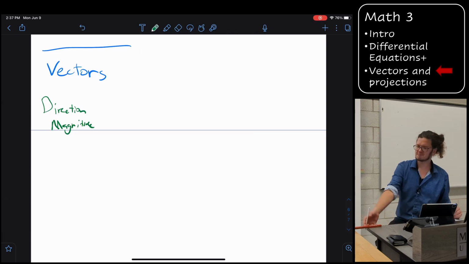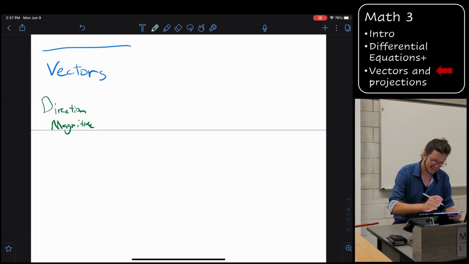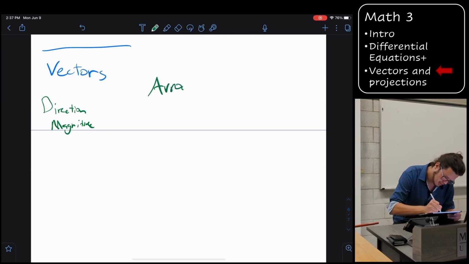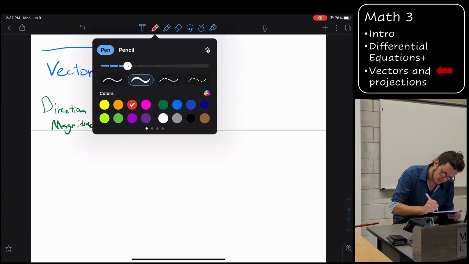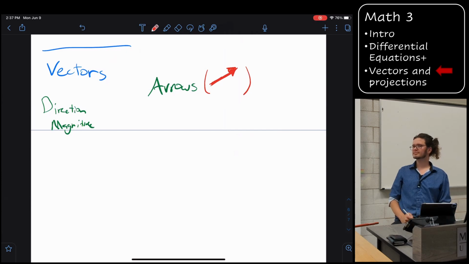Arrows. Nice. Very nice. I like that. Arrows. What else? Like a one-dimensional matrix.